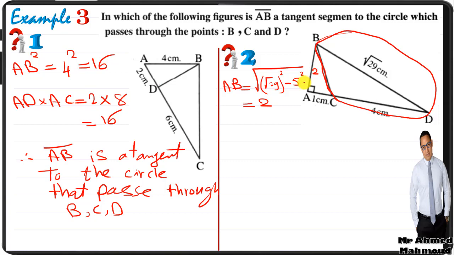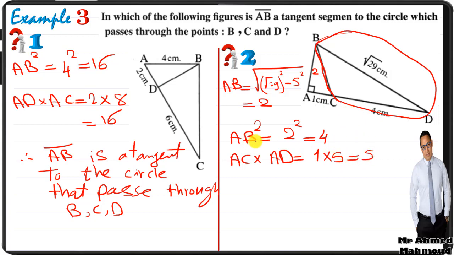So AB equals 2. Now AB power of 2 equals 2 power of 2 equals 4, and AC times AD equals 1 times AD equals 5. So AB power of 2 doesn't equal AC times AD.